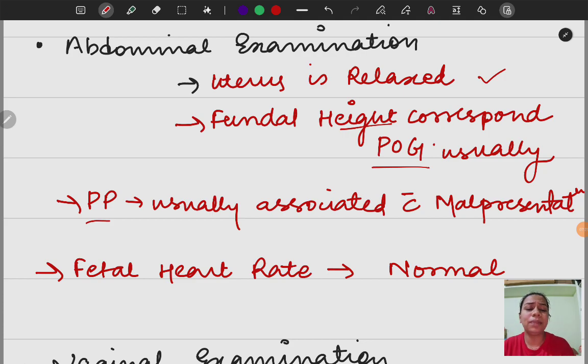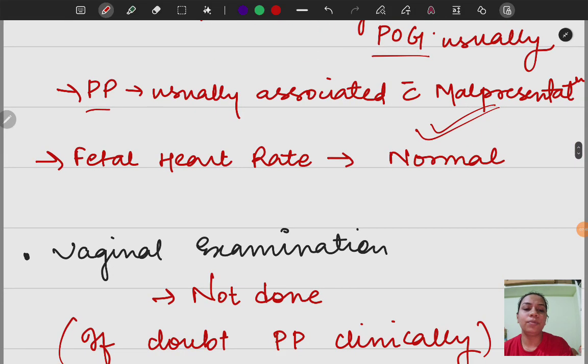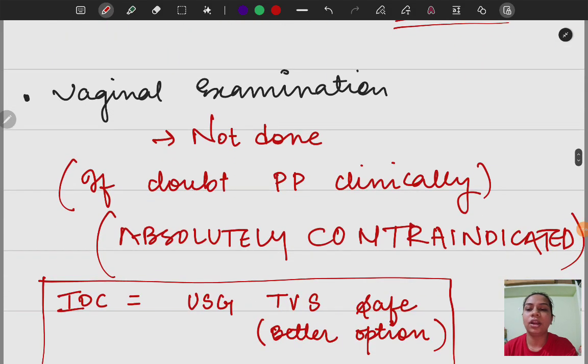The placenta is covering the internal os, and it is not giving space to the baby's head. So in that case, the baby will take a different position, and cases of placenta previa usually show malpresentation. Next is fetal heart rate. The fetal heart rate will always be normal. It is not compromising the fetal condition.